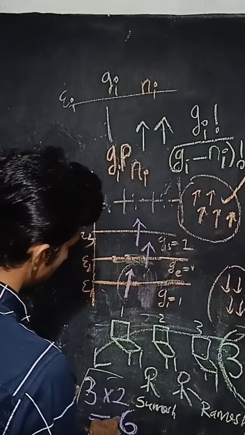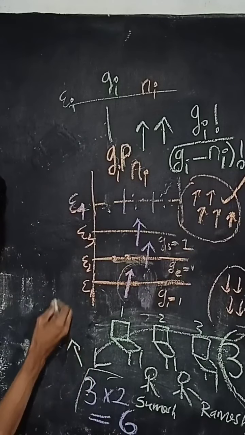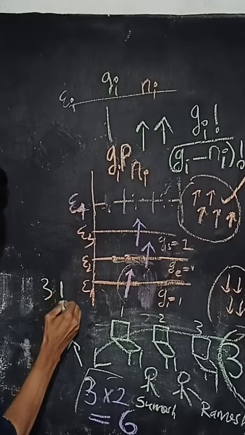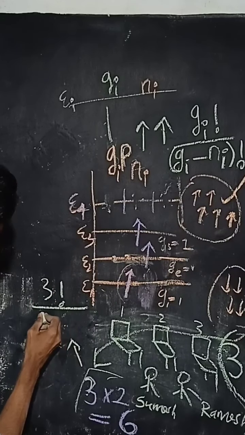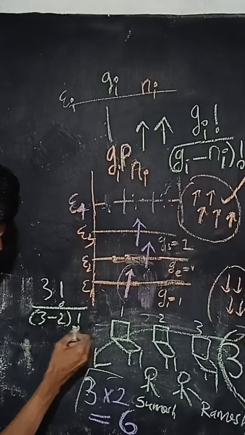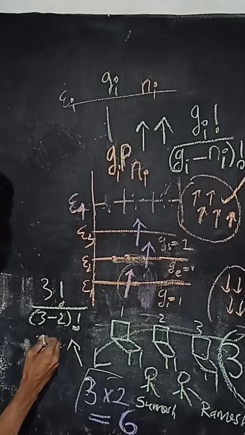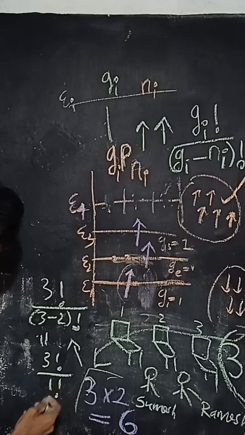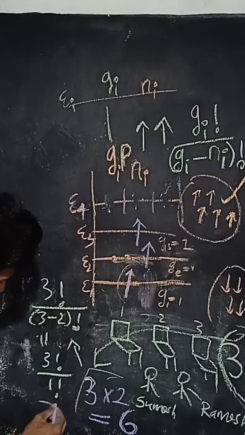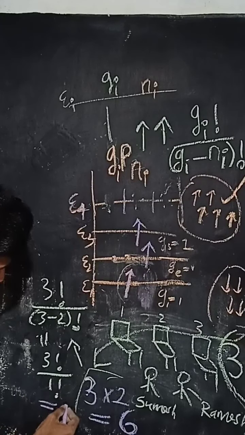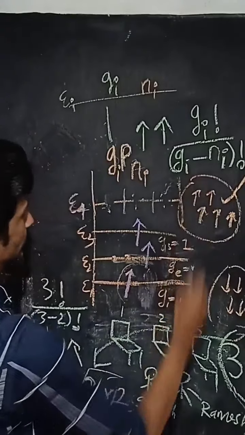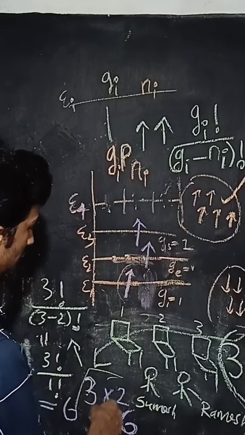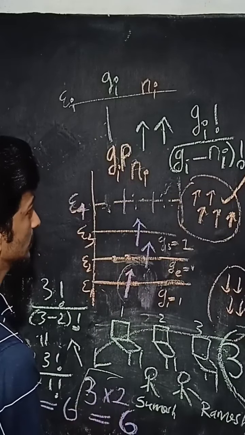In this case it is 3 factorial over 3 minus 2 factorial, that is 3 factorial over 1 factorial. 3 factorial is 1 into 2 into 3, that is 6. So this is a more general expression, and these 2 expressions are equal. You can compute permutation in this way also.